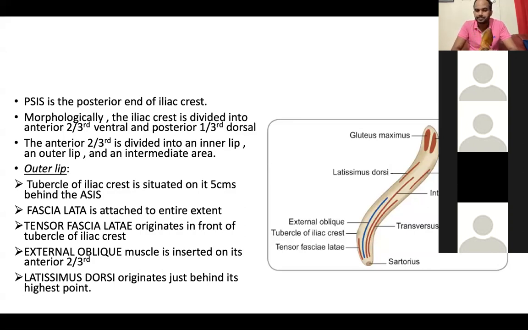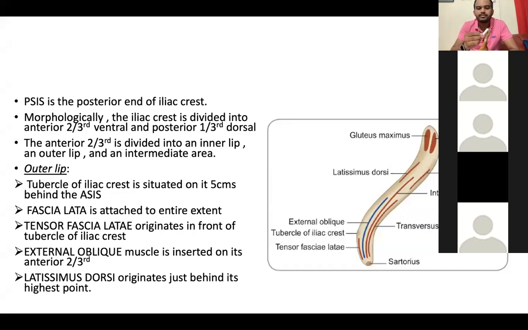Is it clear? May I proceed? See, do not get confused. This entire thing is the outer lip.